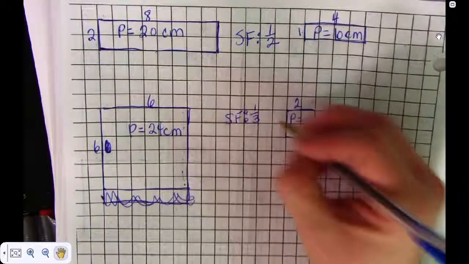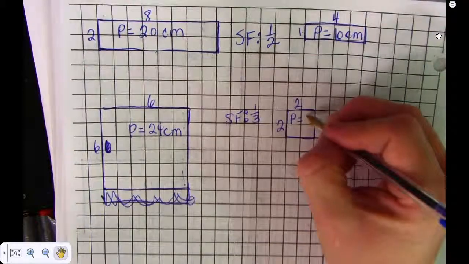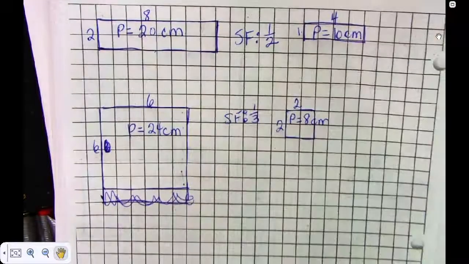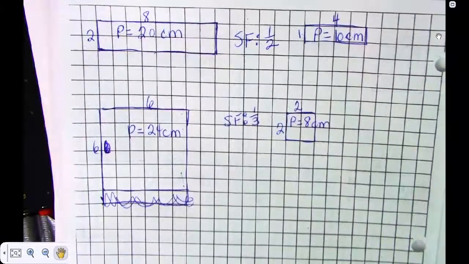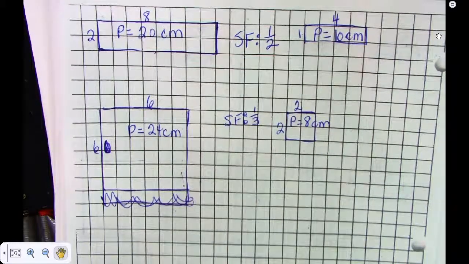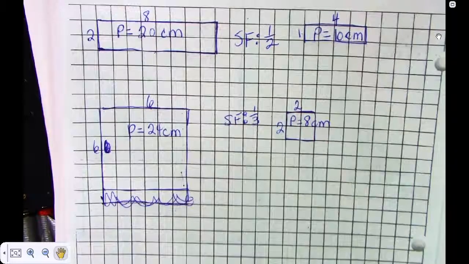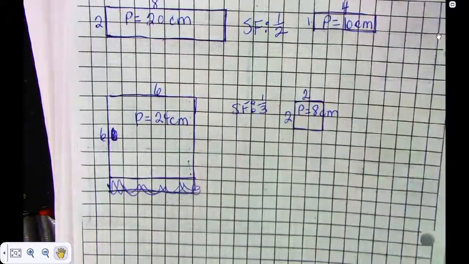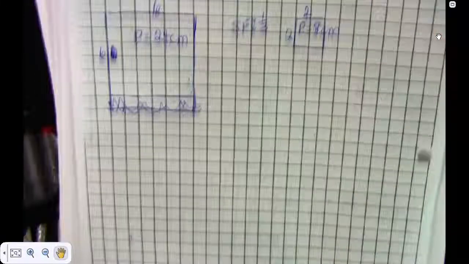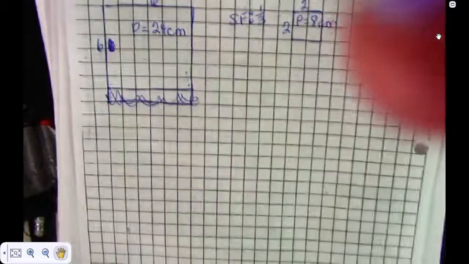So the perimeter is going to be 8 centimeters. Good job. Okay, everybody's good to go? Okay, so far so good.